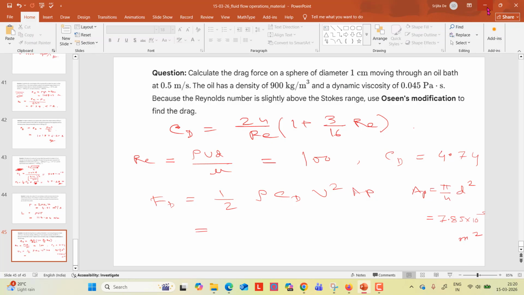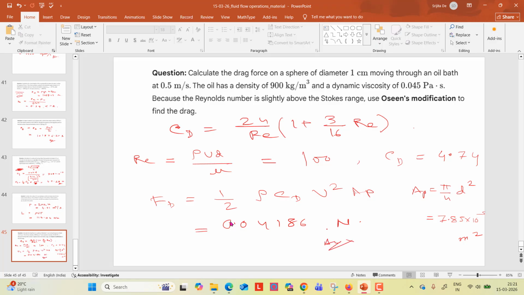Okay, so now if you multiply into 0.5 square into 4.74 into rho is 900 divided by 2. So it is coming as 0.04186 Newton. Okay, so this is your answer.